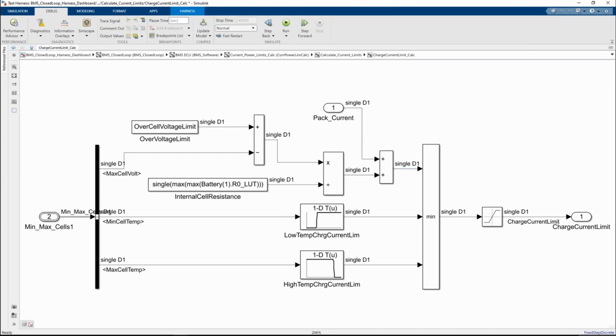We also know that it is important to limit current delivery when temperature is too high or too low. Using lookup tables with rising and falling profiles, we can specify a current threshold based on temperature and modulate the allowable current delivery.